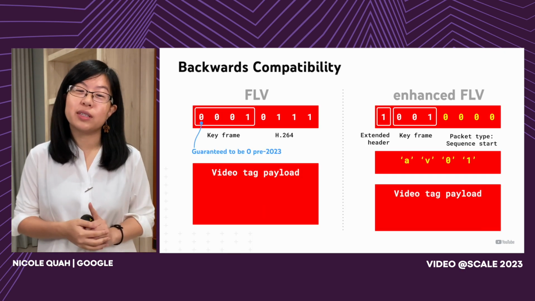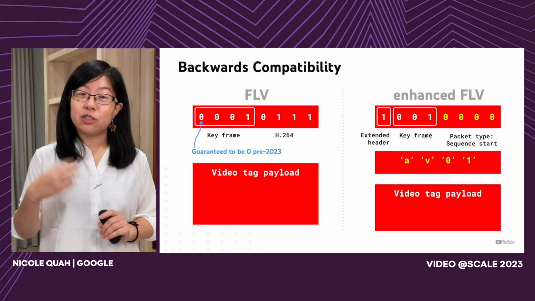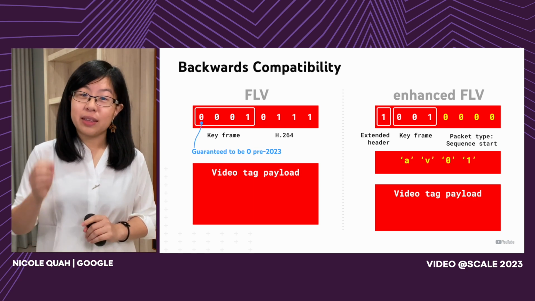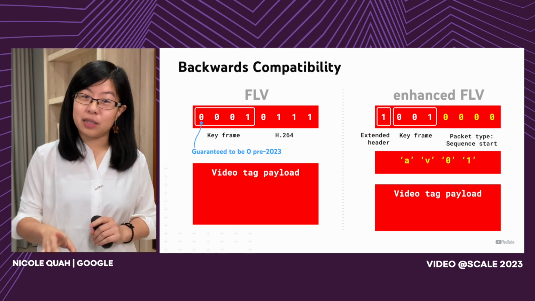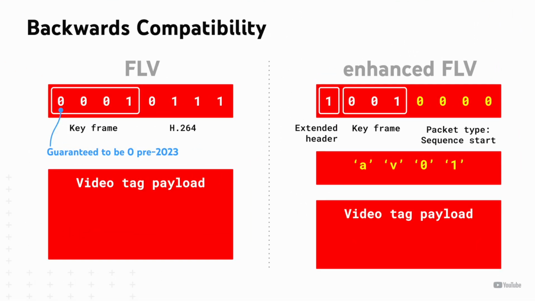One thing I wanted to emphasize, while they try to be forward-looking, the enhancements to RTMP and FLV are always backwards compatible with the previous specifications. As an example of a trickier case, here's how the enhancement spec signals to use an extended video header.